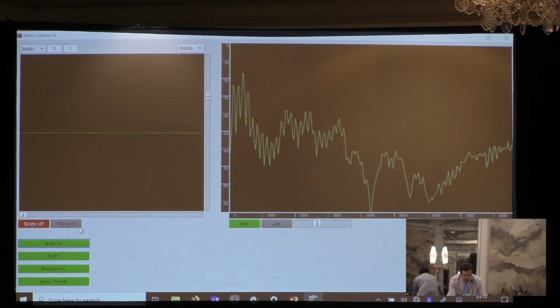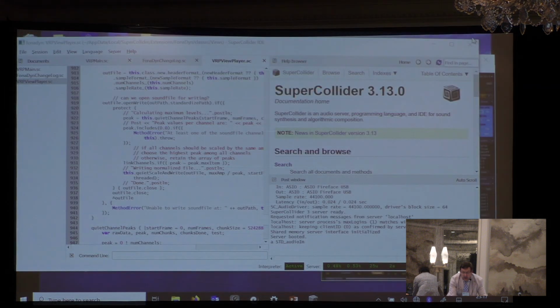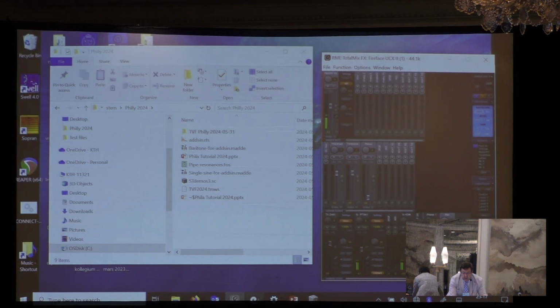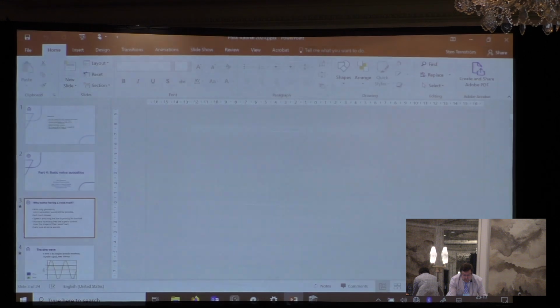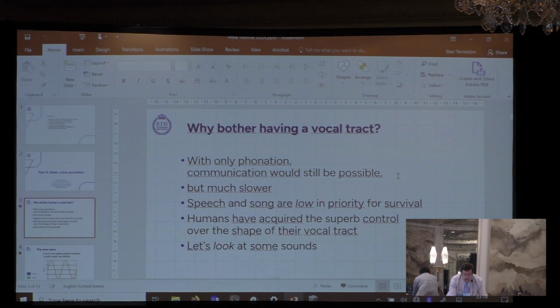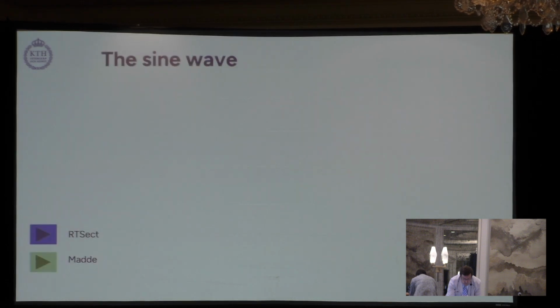Okay, so we've talked about the sine wave, and we've actually talked about spectrum, and we'll soon get back to that.